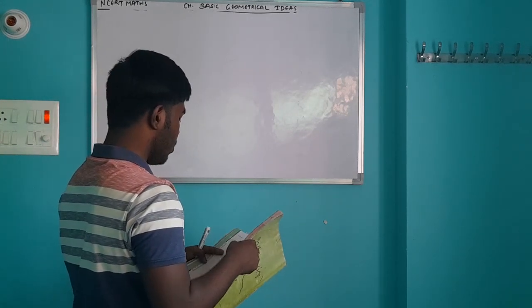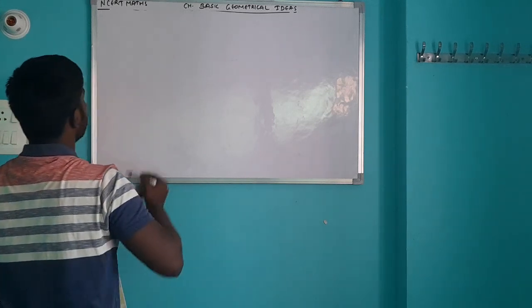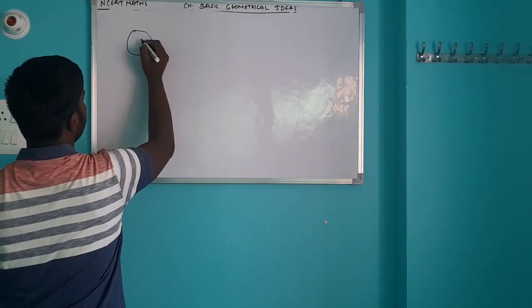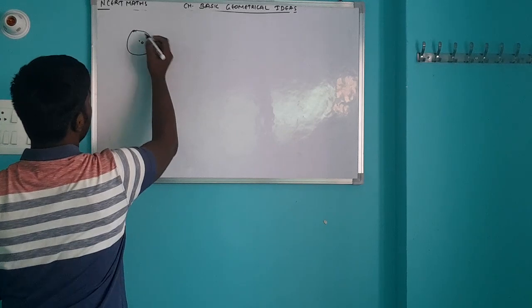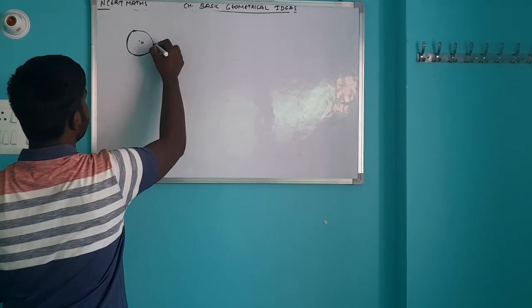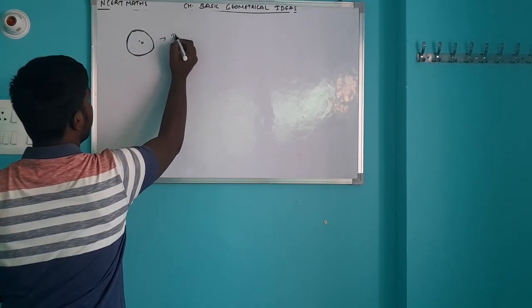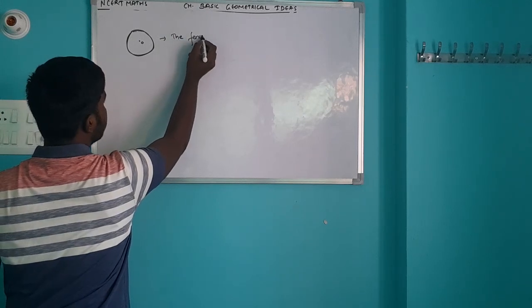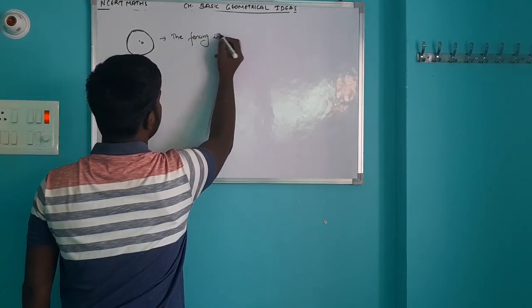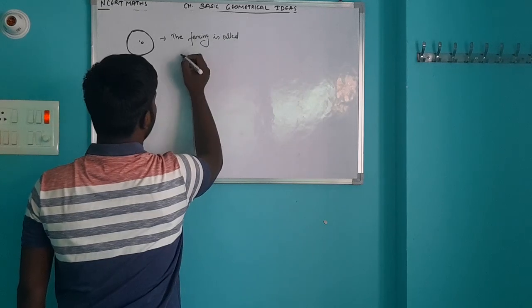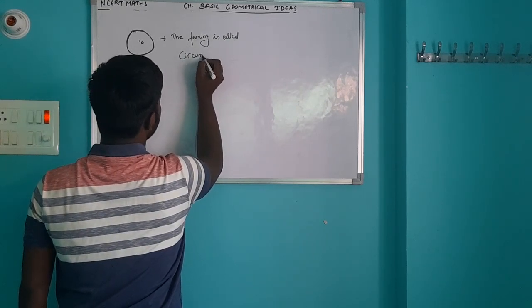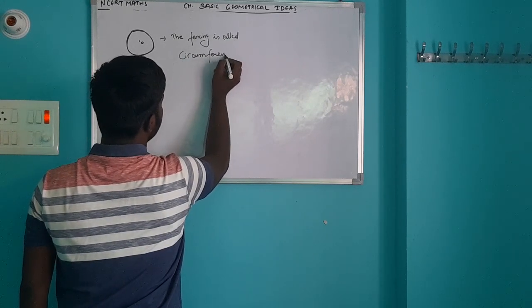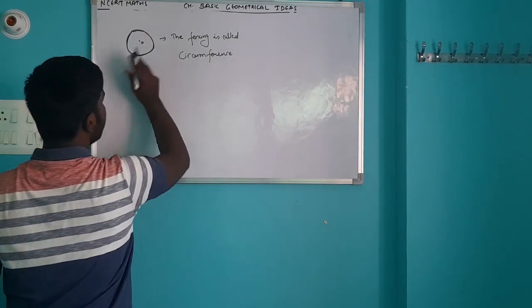I forgot to tell you that when a circle is formed, having center O, the outer area of the fencing is called the circumference. The circumference will be the boundary or this shaded portion.